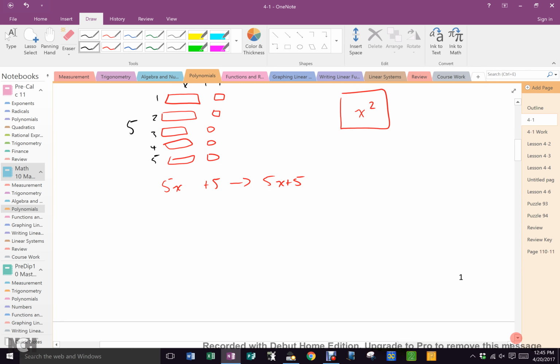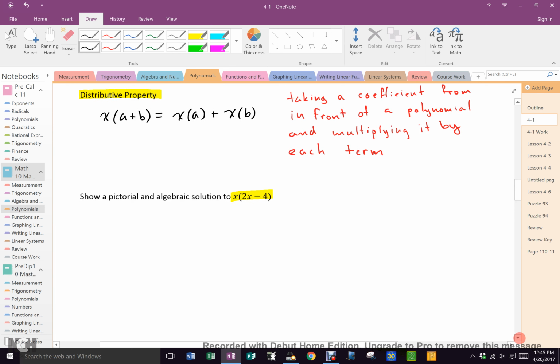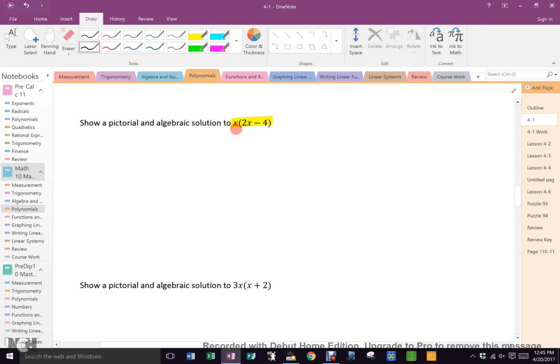So what do I have here? One side is x, yes? How do I draw x? I draw a bar, x, and I leave it uncolored because that's positive.